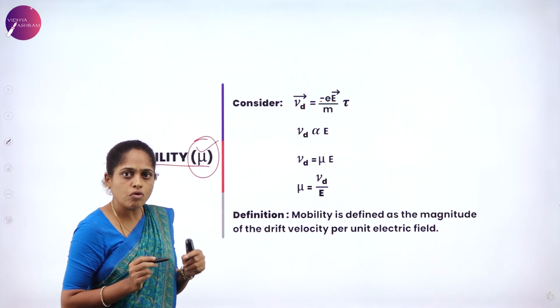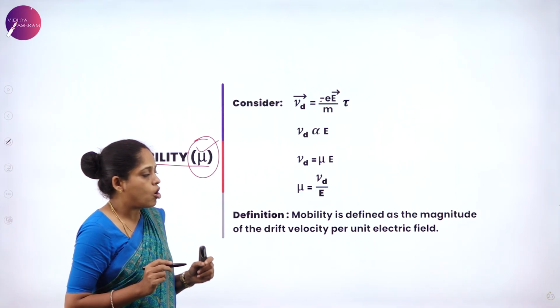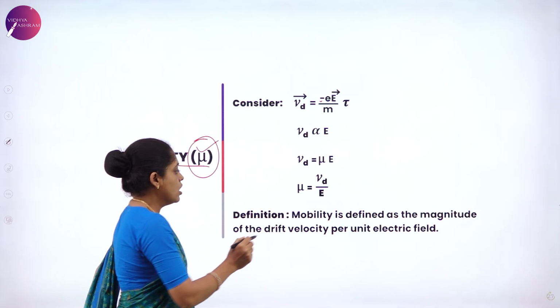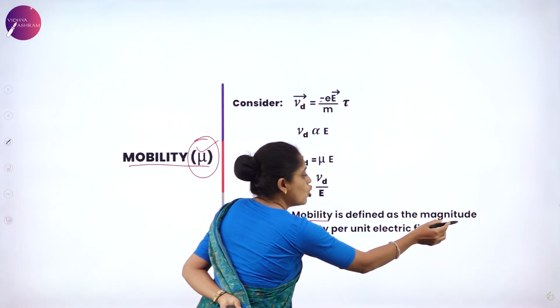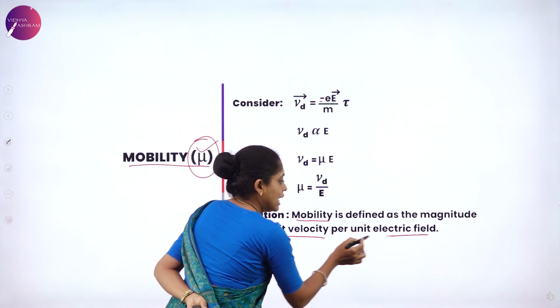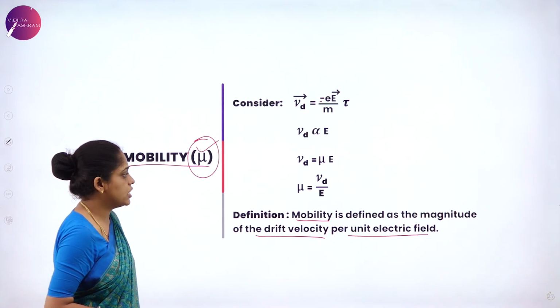What is mu now? Mu is the ratio of drift velocity to the electric field. Let me repeat. The definition of mobility is the ratio of drift velocity to the electric field. Now, what is the SI unit of mobility?